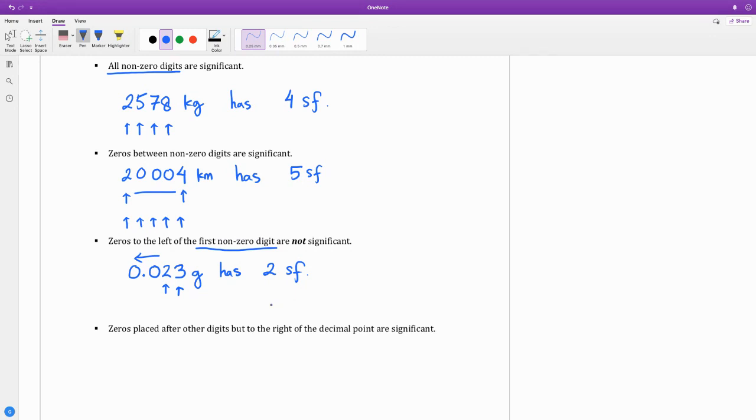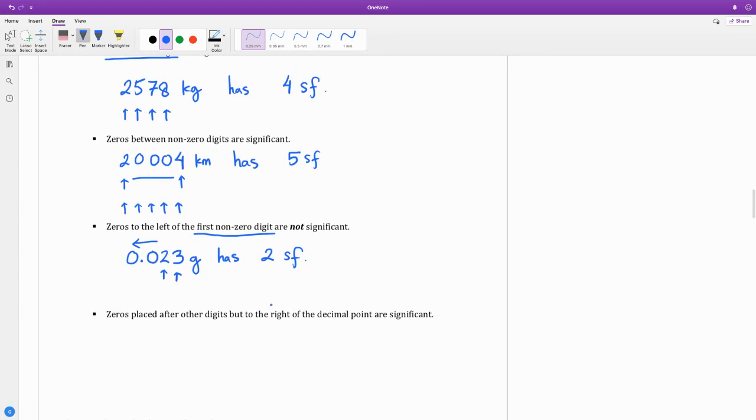The fourth one, zeros placed after other digits, but to the right of the decimal point, are significant. Example, if we have 0.100 milliliter.